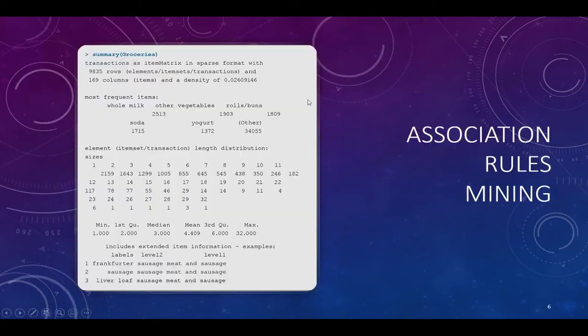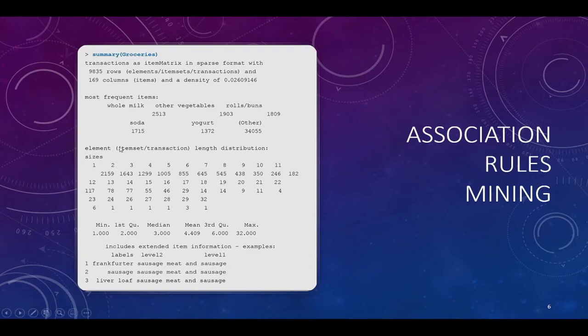We can see here that groceries is an item matrix object, which means it's going to be arranged in rows and columns. Okay, over here we see that it is in sparse format. That means that very few of the items exist in any given grocery basket.